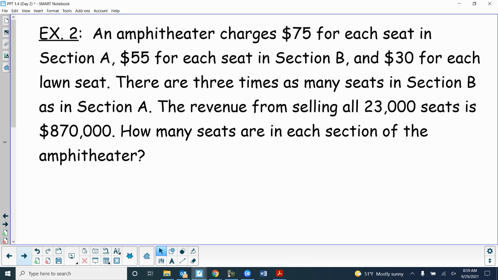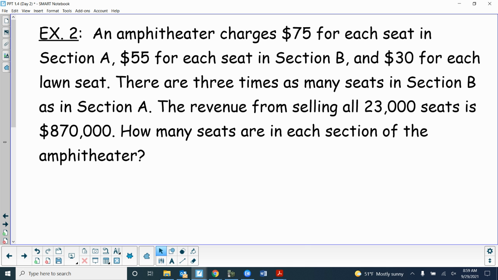What's revenue mean? How much money they make, right? How many seats did they sell? Right. Alright, so if there's 23,000 seats sold, what's one of my equations? So Brock is saying 75x plus what?